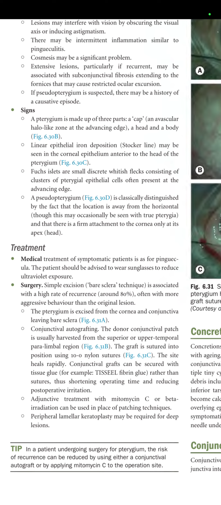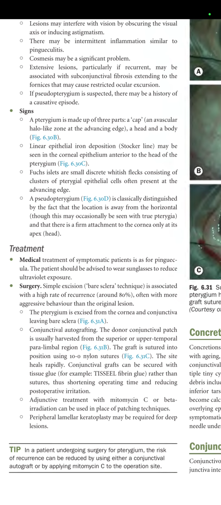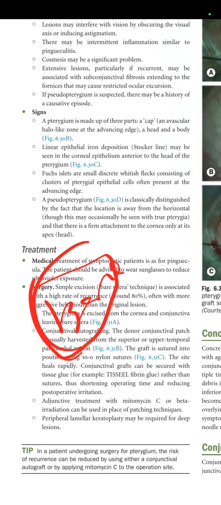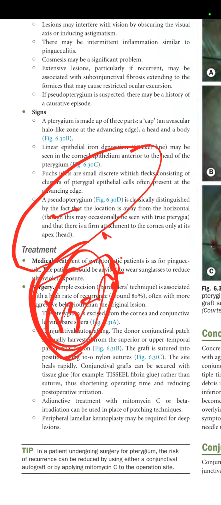Conjunctival autografting is a very good procedure. That means that you remove the pterygium and there will be bare sclera. So whenever there is bare sclera, you take conjunctiva from the superior or the temporal side onto the sclera, put it there and suture it with nylon 10-0.